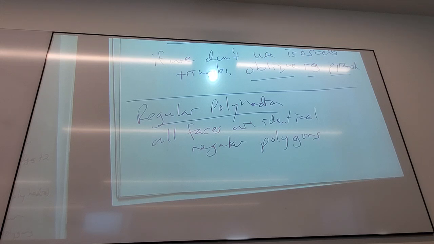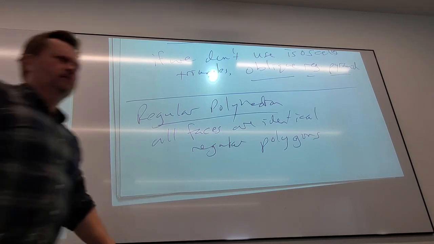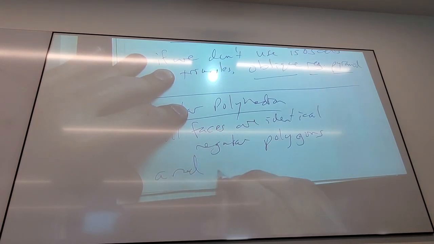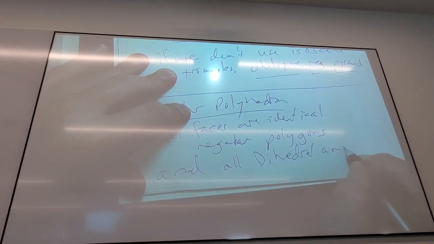But I also need the internal angles. And what do we call those? Do you remember? No, the internal angles. The angles between the faces. Start with a D. And all dihedral angles congruent.